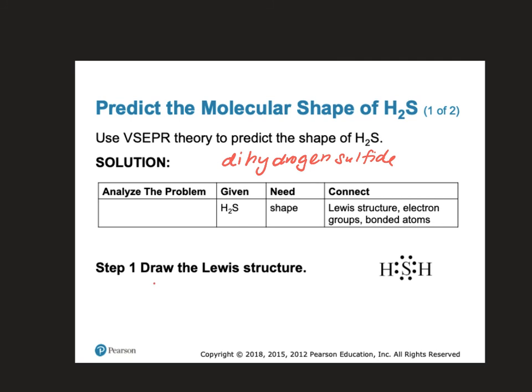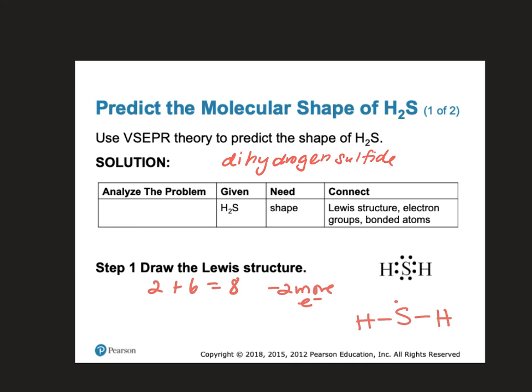Hydrogen has 2, sulfur's in group 6A, it has 6, so we need a total of 8 valence electrons. Sulfur needs 2 more electrons to achieve its octet. So sulfur will make 2 bonds and will be the central atom. So we'll have sulfur, hydrogen, hydrogen.